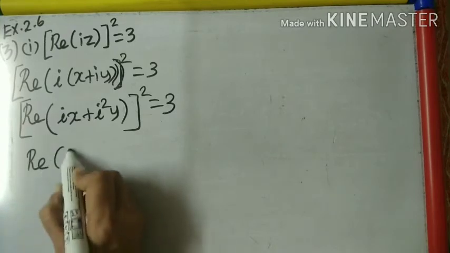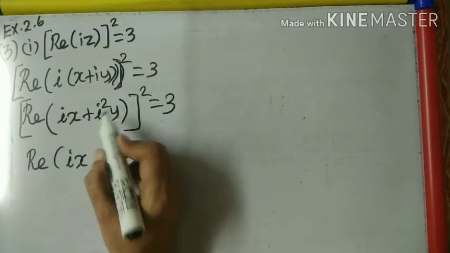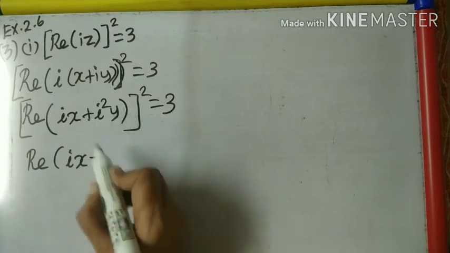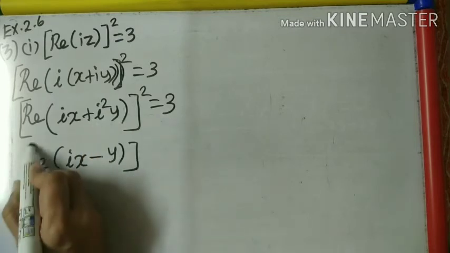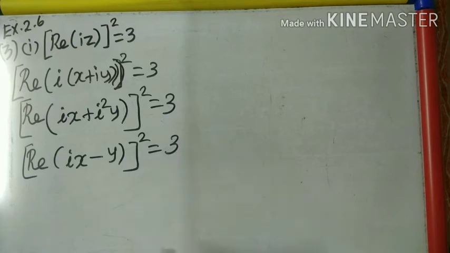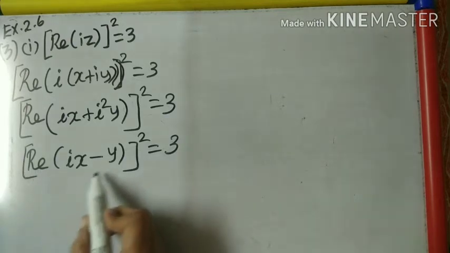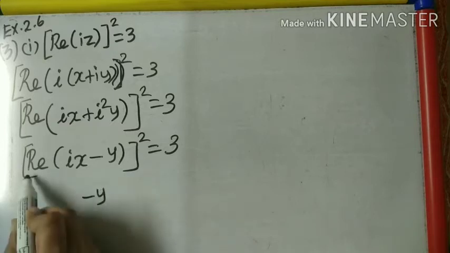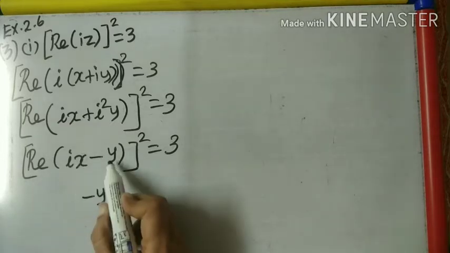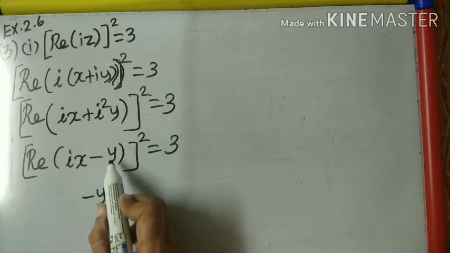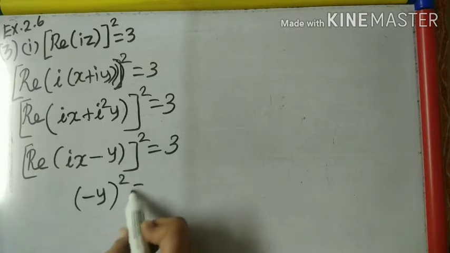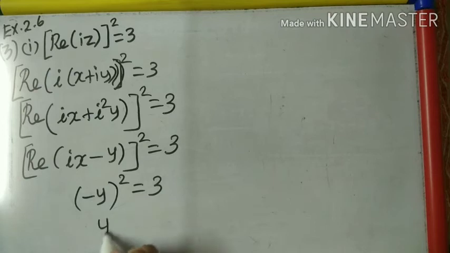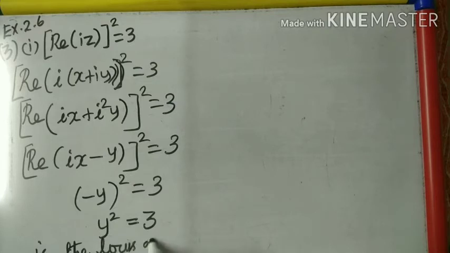Real of ix. What is i square actually? Minus 1. So minus 1 into y, minus y, the whole square equals 3. Now I want the real part of this. Which is the real part? Minus y. Real part means forget the imaginary, write only that which is without i. The whole square equals 3. So I will get y square equals 3, and that is the locus of z.